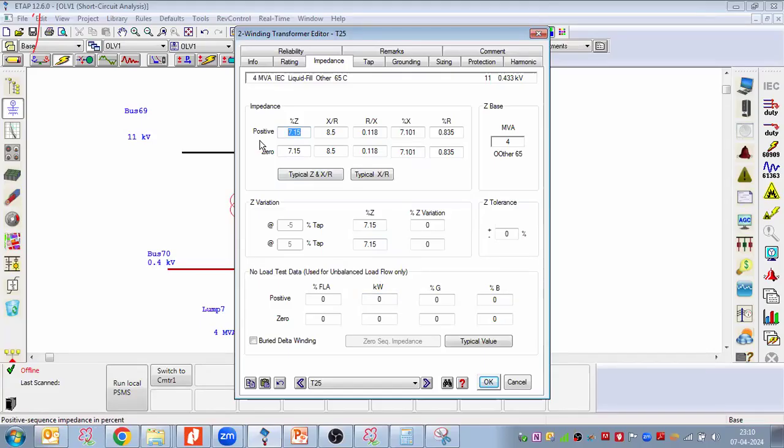now we have to change the impedance to a non-standard impedance. Let us suppose I am taking 10 percentage here. No need to go typical, no need to select this. I'm taking 10 percentage impedance here.